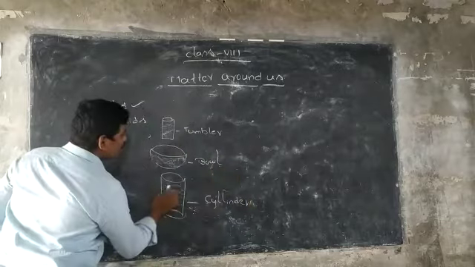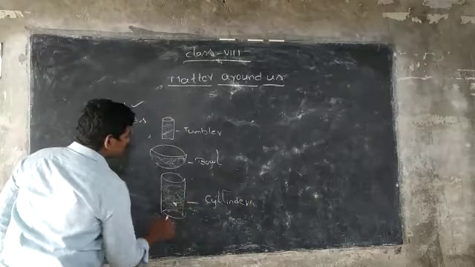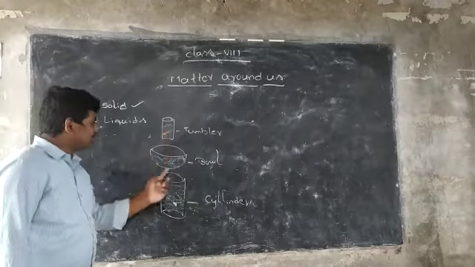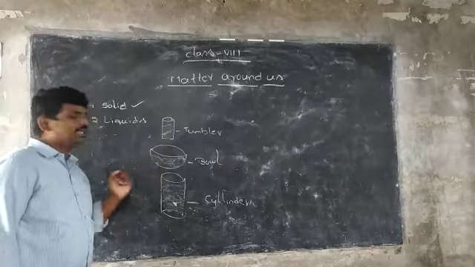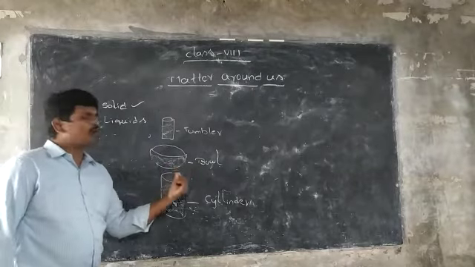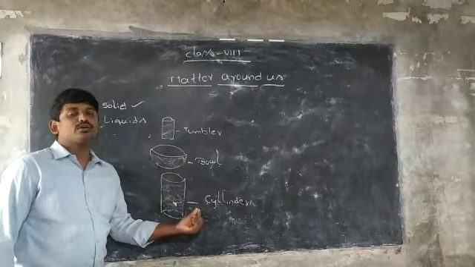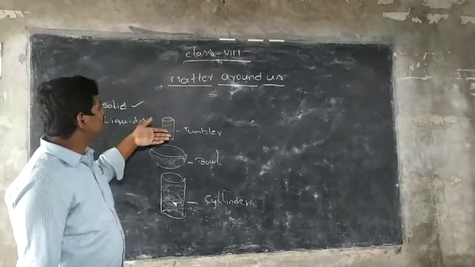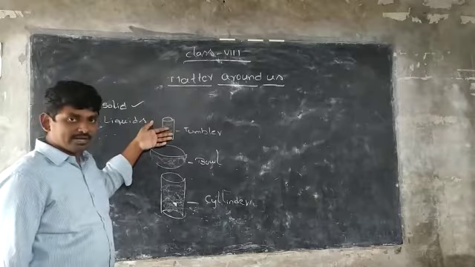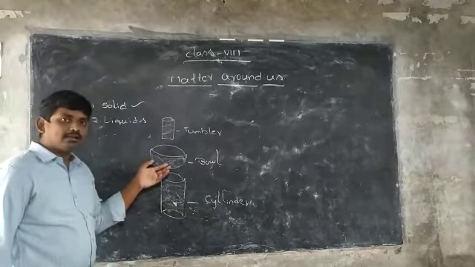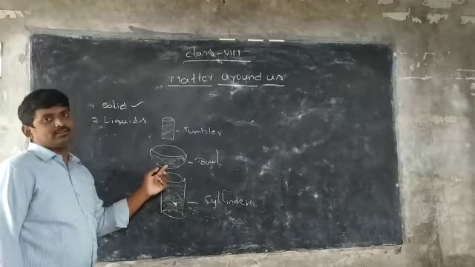But you measure the water in these three vessels. You measure the volume of this liquid. You can find how much volume is here for the liquid. The same volume will be here for the same liquid.